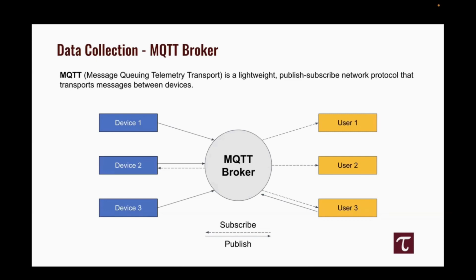MQTT is a really amazing piece of software, started by IBM, which then made the code open source, and it is used by many companies for sharing real-time streaming data. So all you need is to set up a server. A server can be set up as simply as one line. One line of code, and that's it. If you're on a Windows-based system, you can probably click a button and set up your server. So the server will be there.